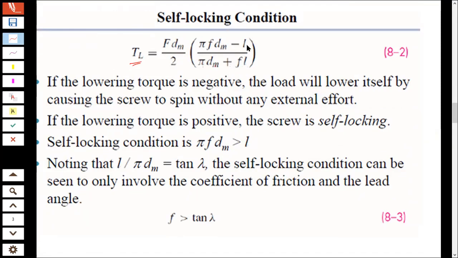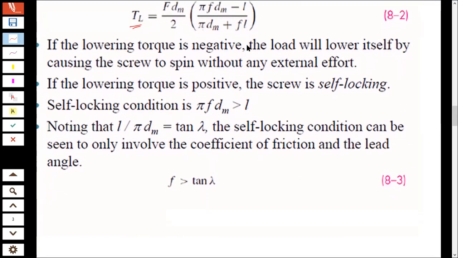Now, see, when we rise a load, what is your T R used for? The torque required to rise the load is consumed in two ways. One, lifting the load, and number two, overcoming the friction.